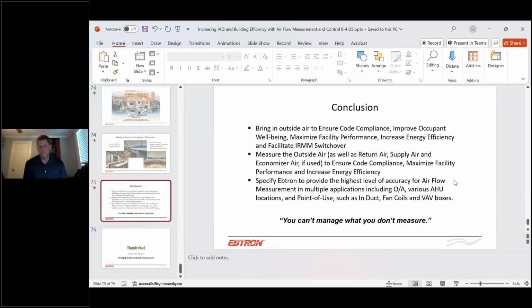And then the key is to specify Ebtron to provide the highest level of accuracy for airflow measurement in multiple applications, not just outside air, but all different air handling unit locations, such as in-duct, fan coils, VAV boxes, even chilled beams, different things like that. So again, our tagline: you can't manage what you don't measure.